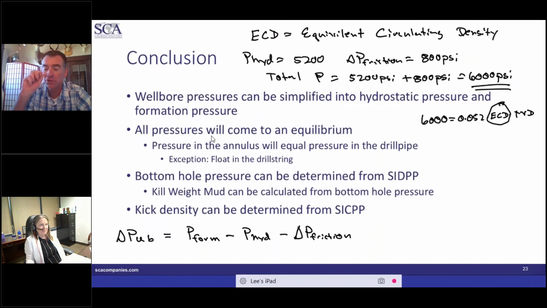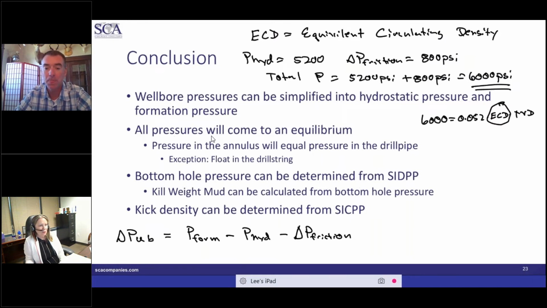If you cannot control losses without taking a kick because you're in such tight margins, that's when MPD becomes very important. Furthermore, it comes down to risk tolerance in that you're going to be spending more money for the MPD system, but if your risk tolerance for that given well or that given interval is not high enough to operate without the system, then you need it. So again, that was a short answer to a long question.